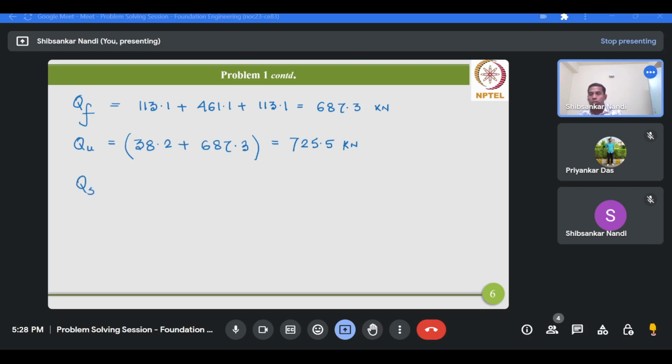Therefore, the safe load carrying capacity will be QU divided by the factor of safety, 725 divided by 2.5. That means 220.2.